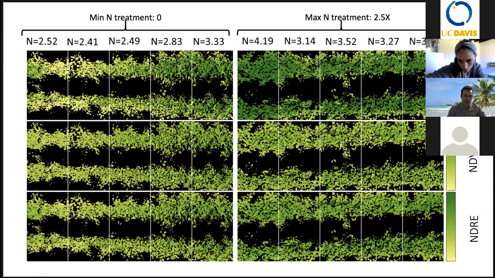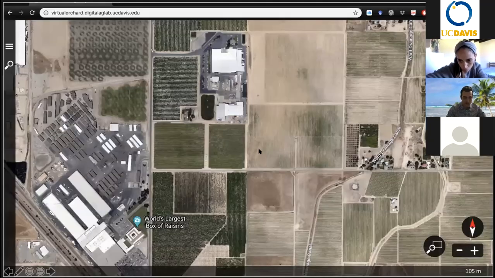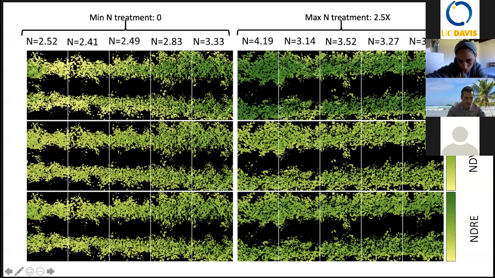For example, this is an excess, and we can see that it appears completely green in classification. But NDVI, if you compare this NDVI with like 2.52, which is less than that, there is not much distinctive difference.